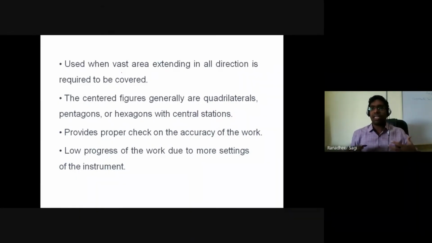In such a case, the centered figure technique is very effective in getting your triangulation network and subsequently preparing the map for that wide region, identifying the salient features of the topography of that area, and mapping all that information onto your graphical representation.